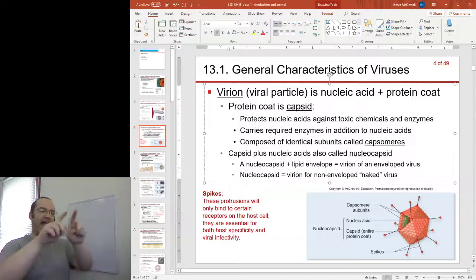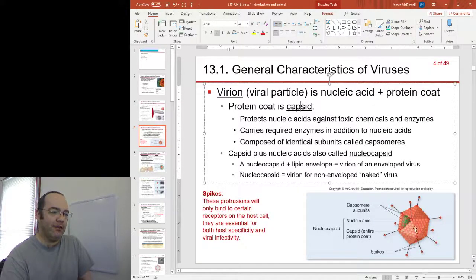The capsid is comprised of little subunit pieces. The capsid is made up of proteins. These subunit proteins are called capsomeres. So each one of these little dots here is a capsomere making up the capsid.